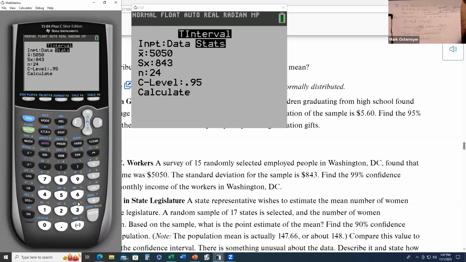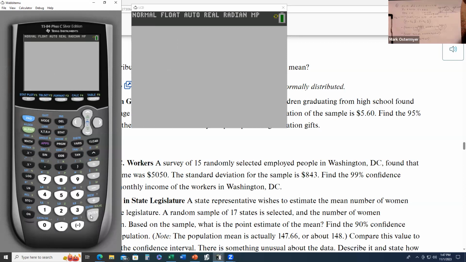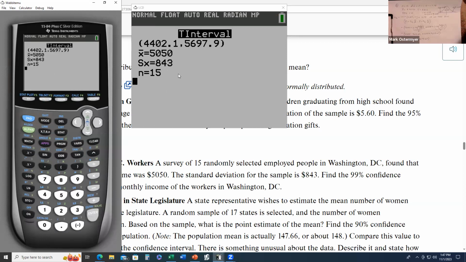Sample size was 15, 99% level of confidence. And there we go. Let's crank it out here. And we get this. Comparing it to what we got, it's pretty darn close. We got 4401.37. They got 4402.1.